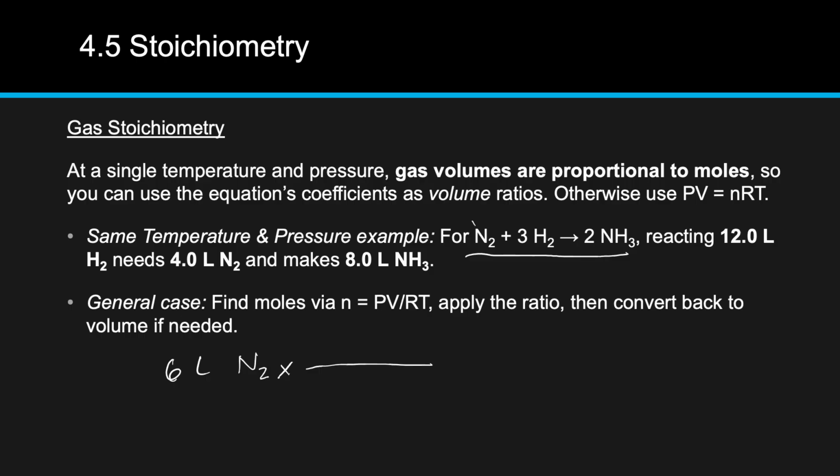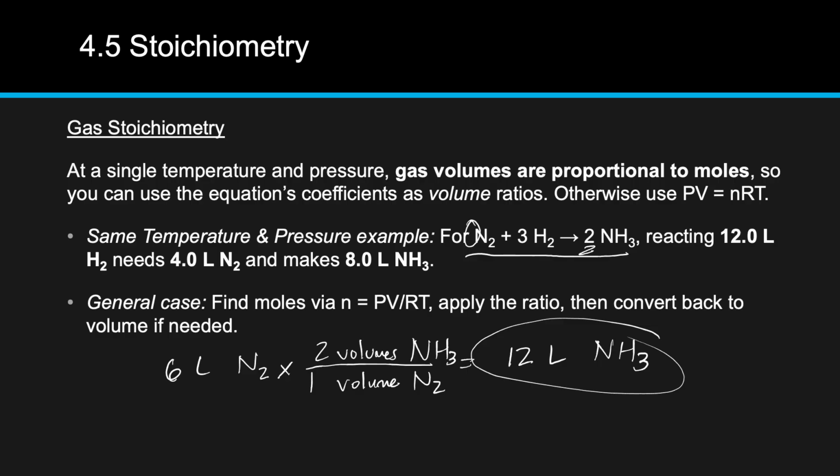So we know we have a coefficient of 1 for N2, so 1 volume of N2 makes 2 volumes of NH3. So we know we would create 12 liters of NH3, because our volumes cancel out, our N2s cancel out, we're left with liters of NH3.